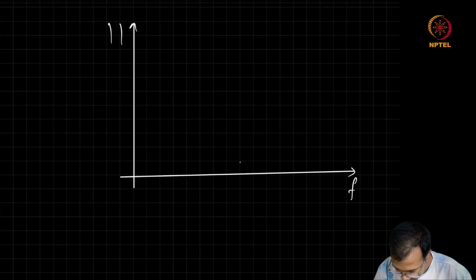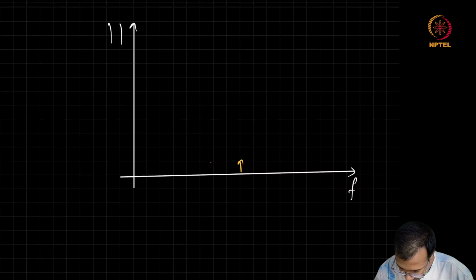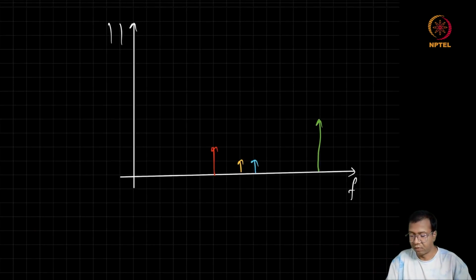This one is what we want to receive. But in addition to that, we have signals at very different frequencies, which can be very strong, or of similar strength very close by. So it is possible that we may be receiving a lot of signals which are not desired in addition to our desired signal.